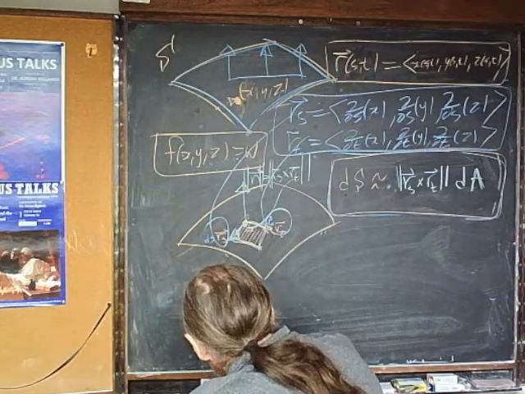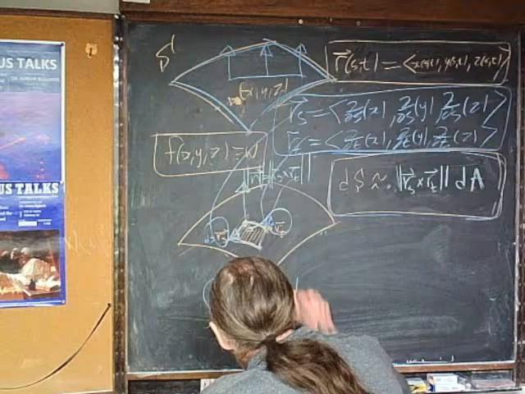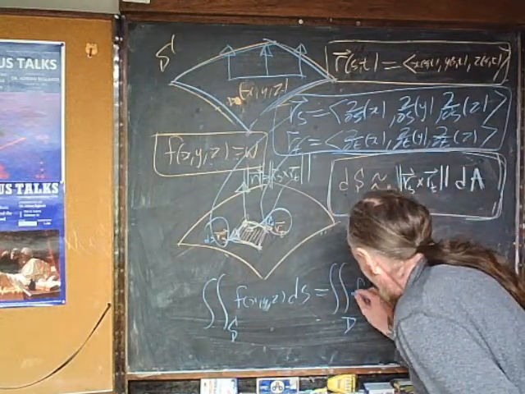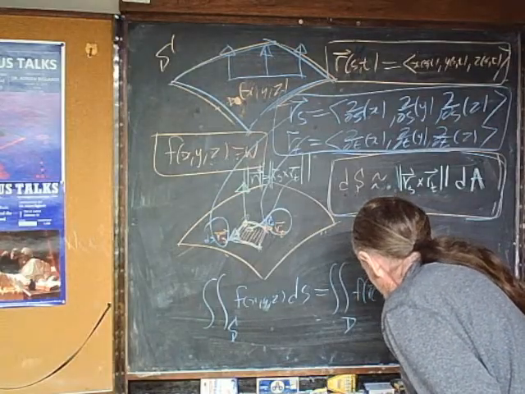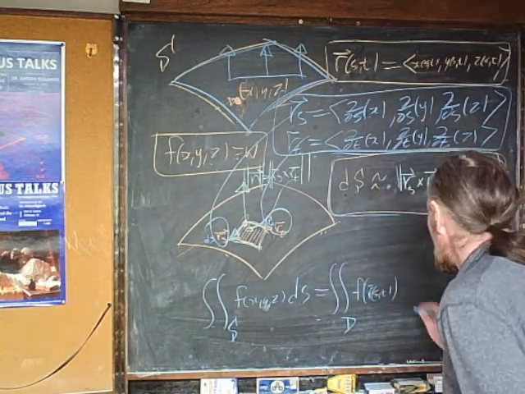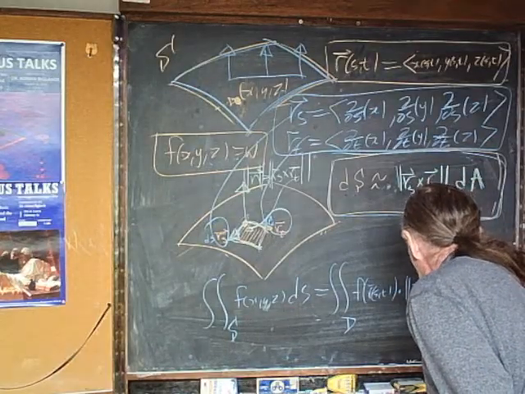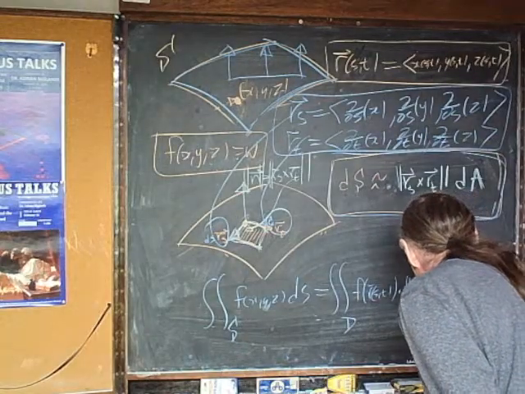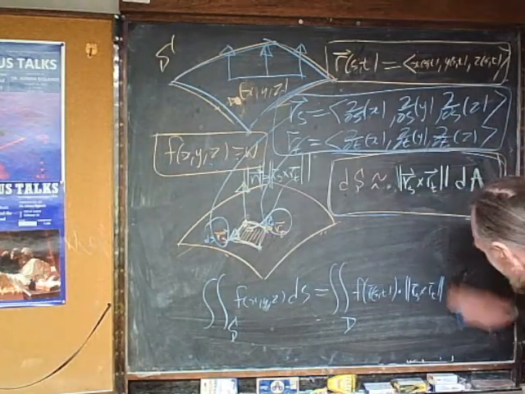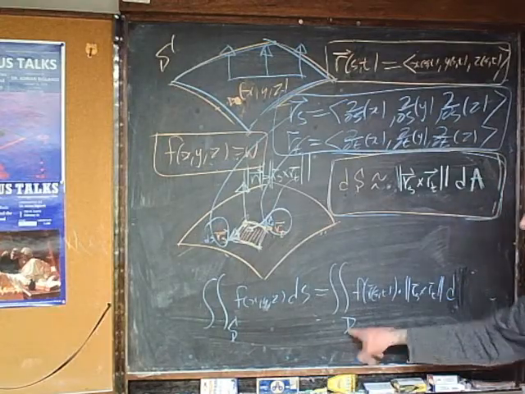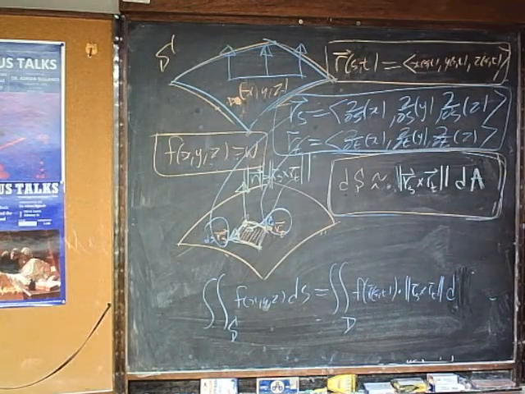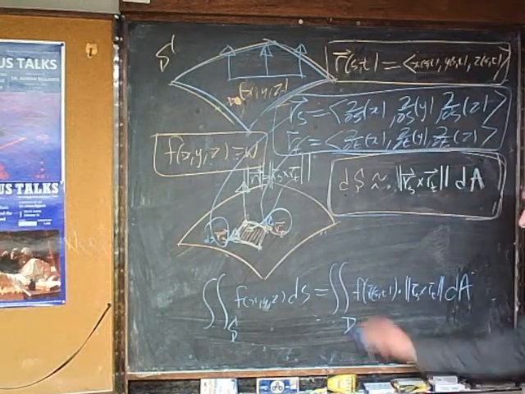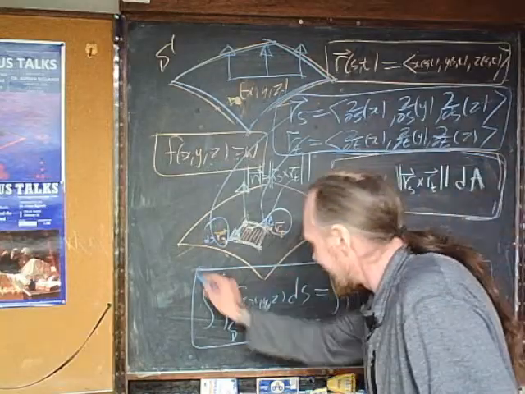The surface integral over S of the scalar xyz dS is going to be equal to the double integral over D, this is how we're going to compute it, of f of r of (s,t) times the magnitude of r_s cross r_t dA, or ds dt if you want. If the region is fairly well behaved, I can use Fubini. This is how we compute surface integrals of scalar functions.